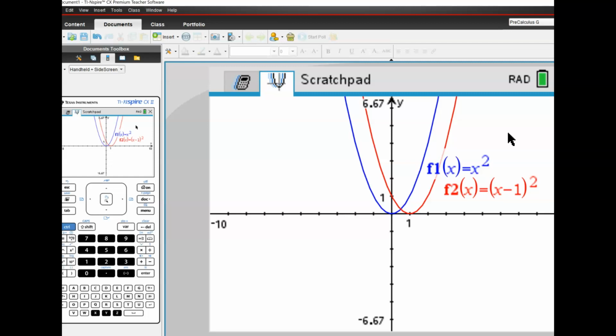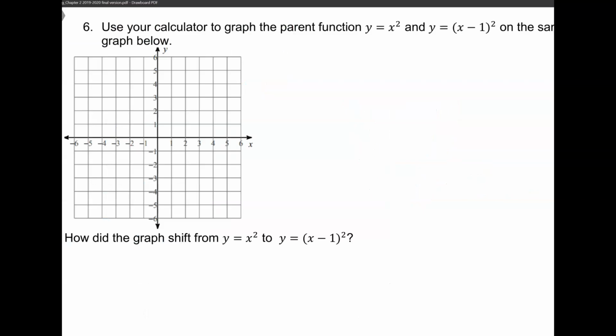Notice if your number's inside the parentheses, inside absolute value, it's horizontal. So here the minus 1, you would think it's going -1, but it's opposite what you think. It's going +1. So how do you actually draw this? You're going to have a little U shape, starting at 0, 0, and you're going to shift over by 1 for this one.